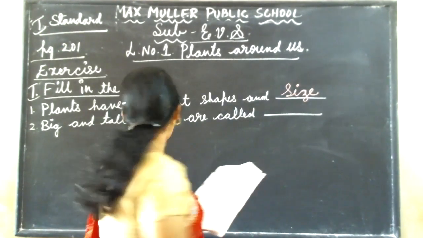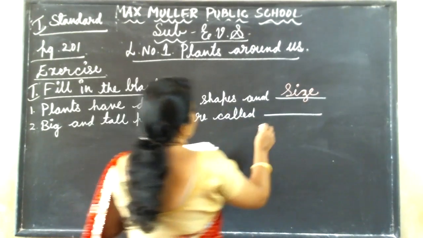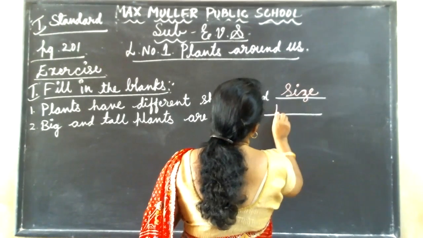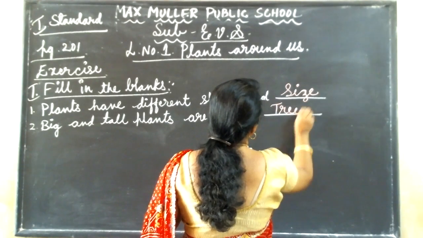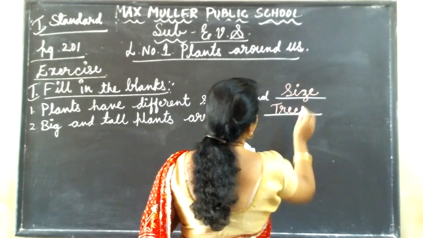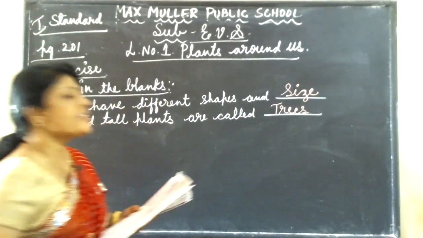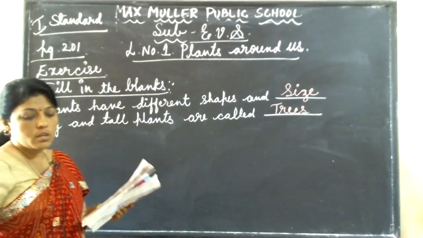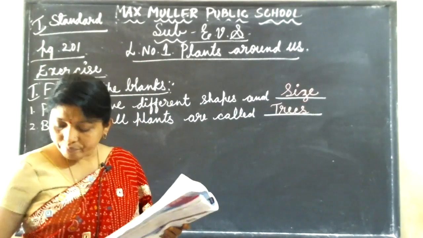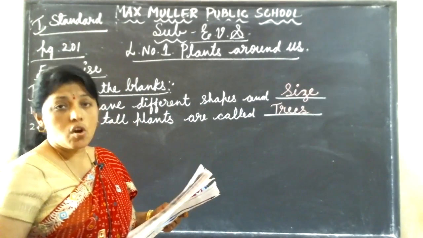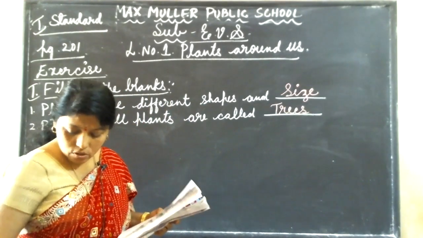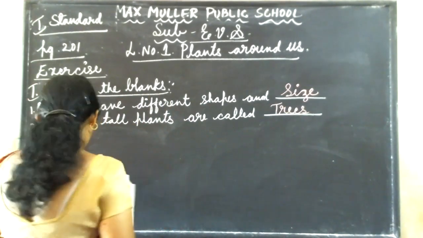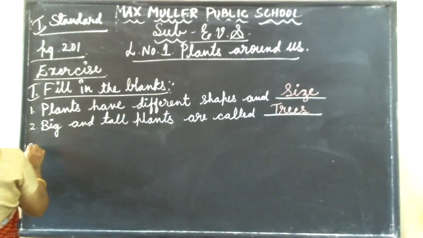Big and tall plants we call trees. Their stem is very big and also very strong, isn't it? Then come to the third one.